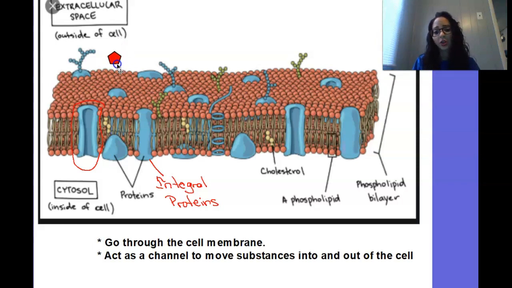So glucose is a big molecule. So if I put it over here, phospholipids don't let it pass, right? But if I have an integral protein, it will allow me to pass the glucose through it into the cell and into the mitochondria. That's where we do cell respiration.